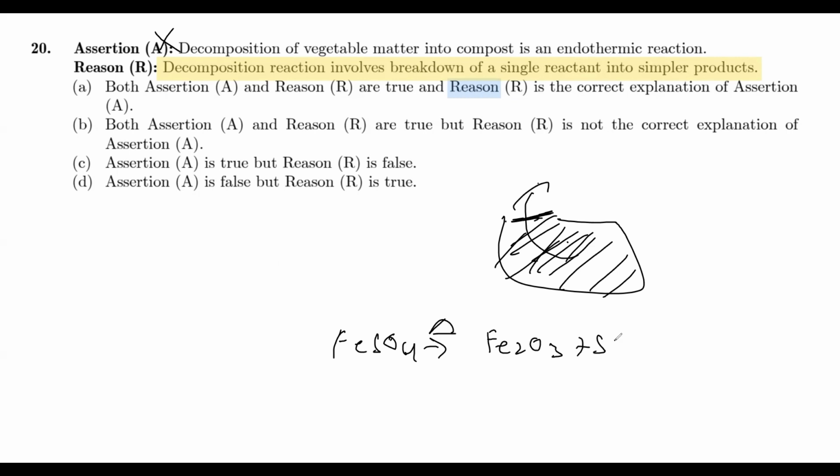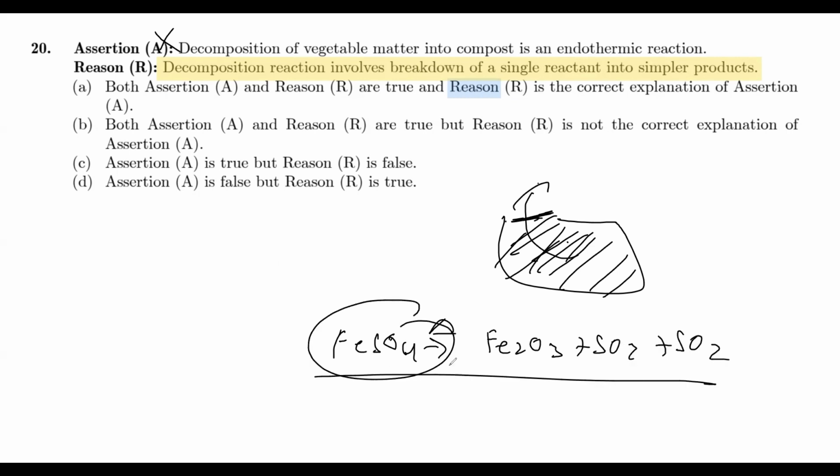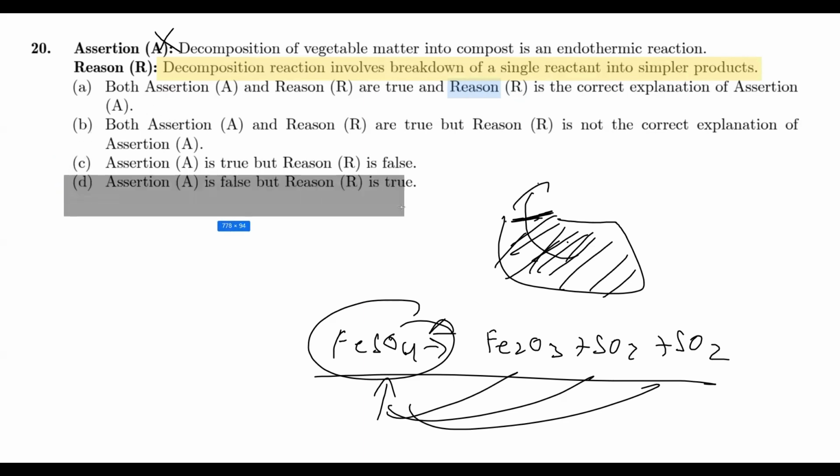Fe2O3 plus SO2 plus SO3, without balancing, I'm talking about decomposition. As you can see, a single reactant and more than one product. So here we'll say that the assertion is incorrect, right? And the reason is true. So it should be option D, as we have determined that the assertion is incorrect. So D is the correct option. So this will be my last question.